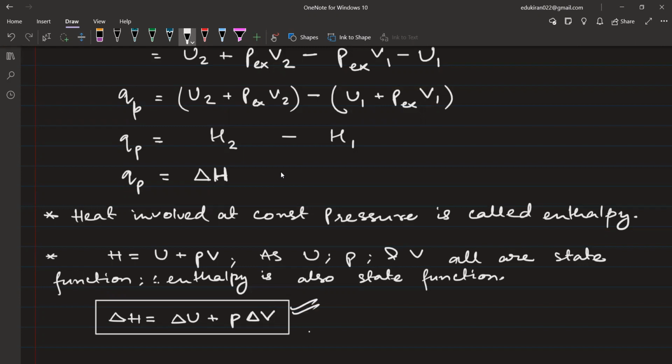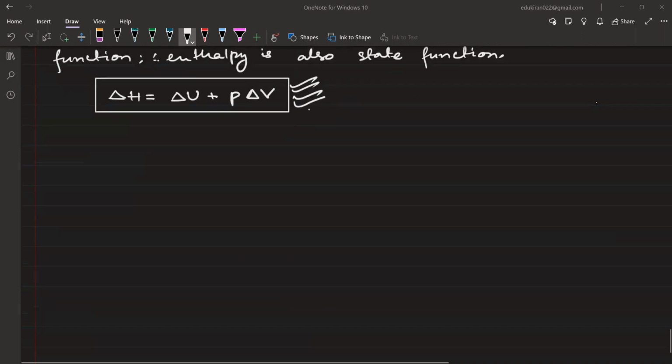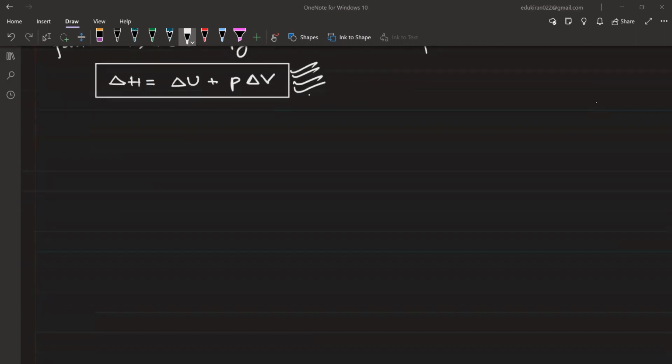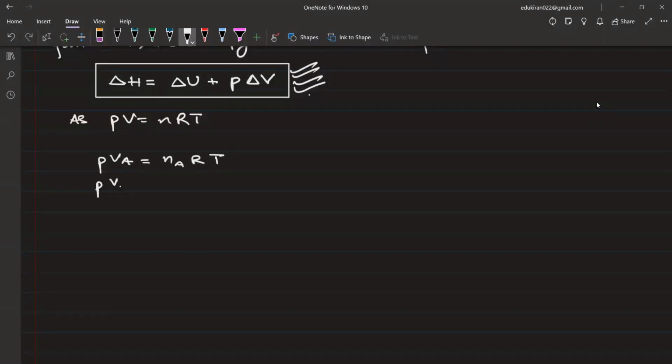Let me know if you're done till here. Did you write it? Okay, now see, as PV is equal to nRT, we can write pressure into VA is equal to nA RT, and similarly pressure at VB is equal to nB RT. A is the initial state and B is the final state.